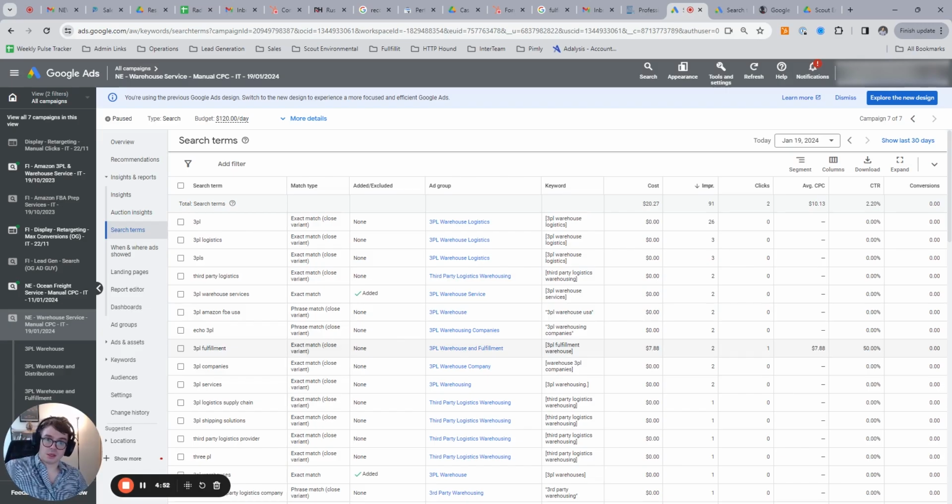So historically, that's how exact and phrase match have worked. Exact match targets only search terms exactly matching the keyword. Phrase match targets search terms that include the phrase of the keyword. Then, about 6 months to a year ago, Google released an update for exact and phrase match to pull in close variants of the exact and phrase targeting.